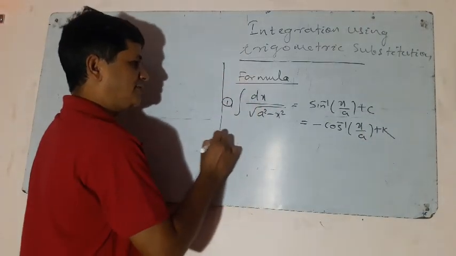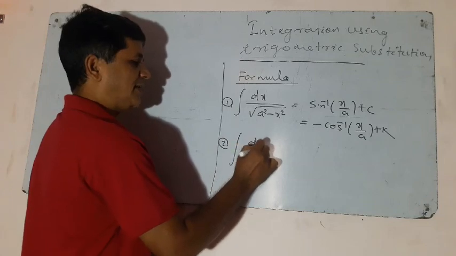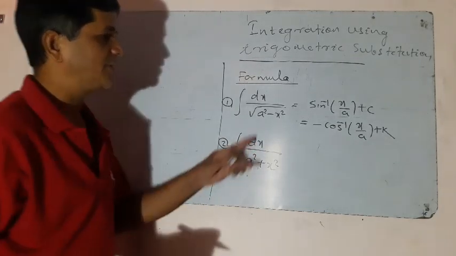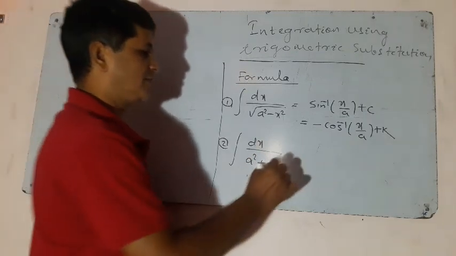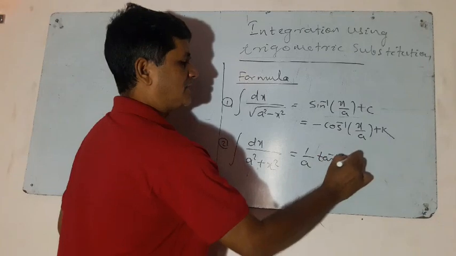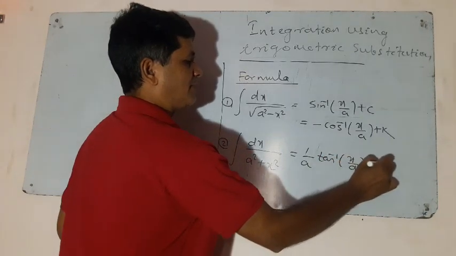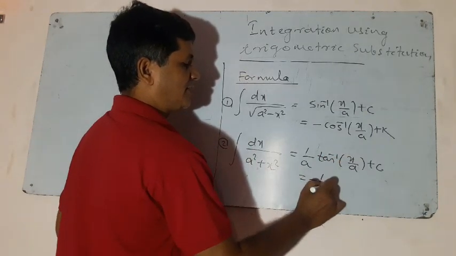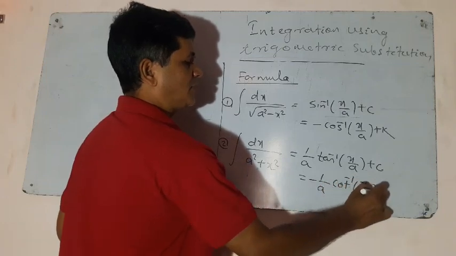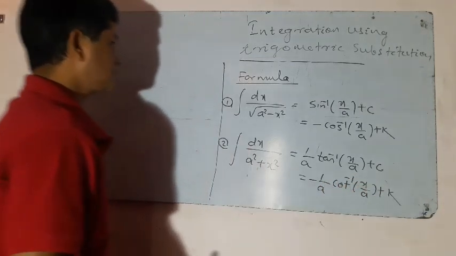Come to second bit, dx by a square plus x square. Look at, it is free from root over. Its value is 1 by a tan inverse x by a plus c, or it is minus 1 by a cot inverse x by a plus k.